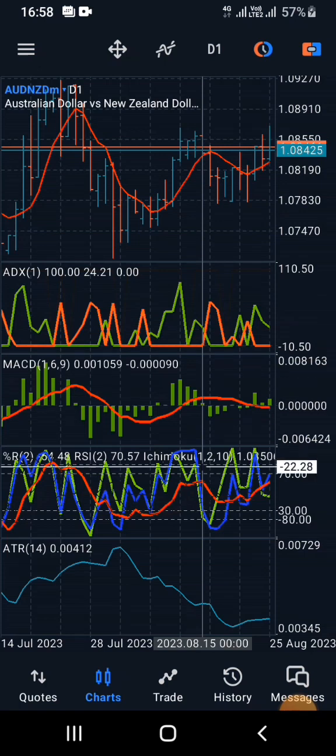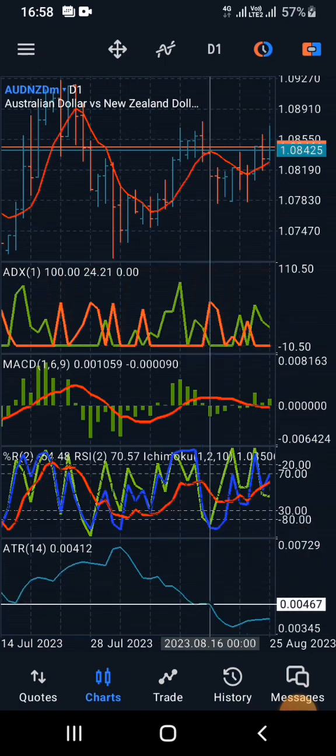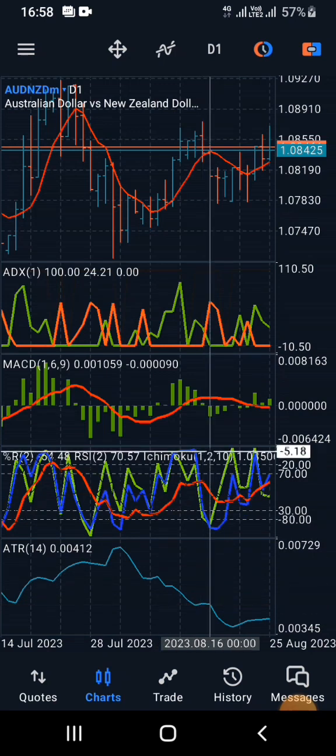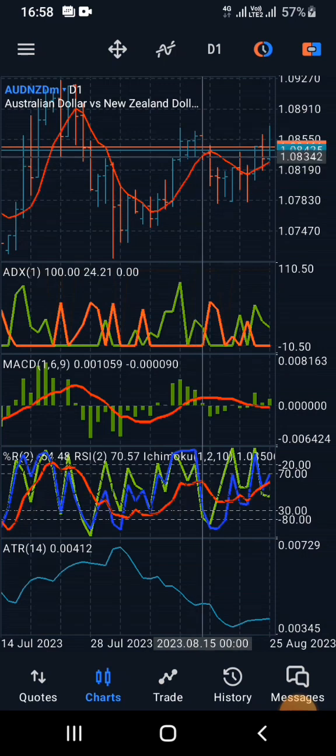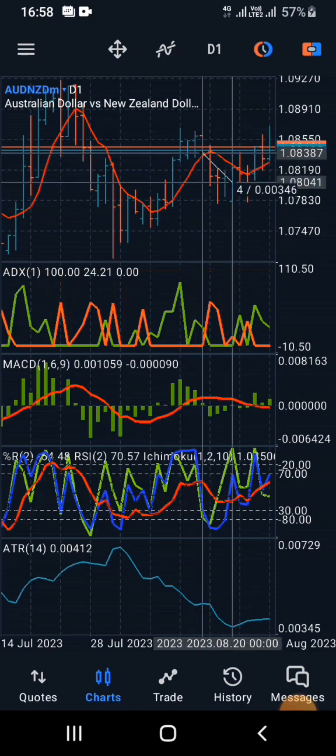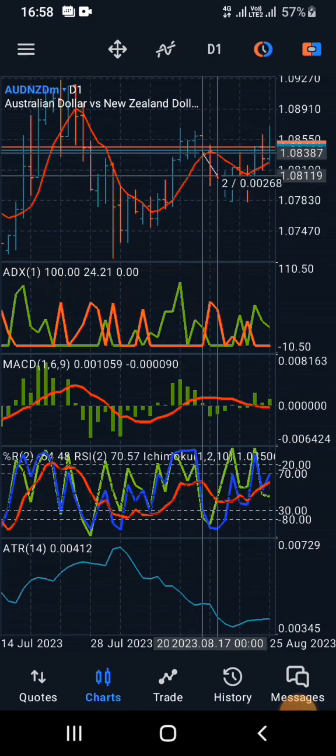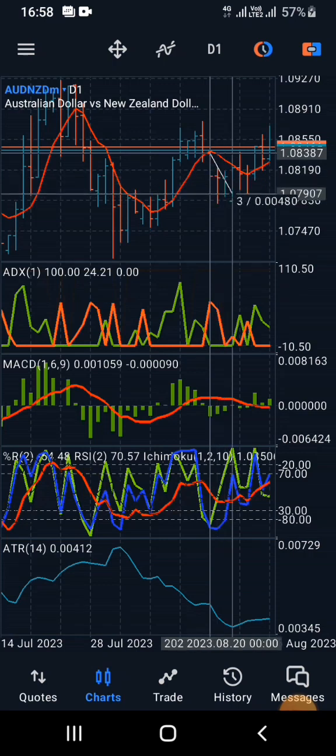Let's see how many pips we are expecting here. We're expecting about 46 pips. So how many pips did the next candle move? The next candle moved a total of 26 pips, 20 pips against me. The math is already against us, so we'll definitely leave it.